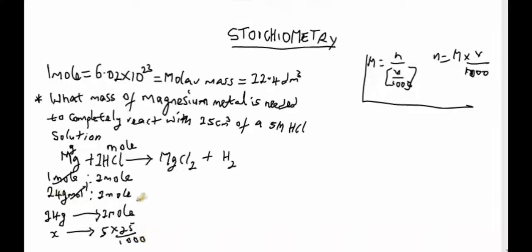Cross multiplying gives x equals 5 times 25 over 1000, which should give 0.025. Moving the decimal point at the back of 25 three places gives 0.025.